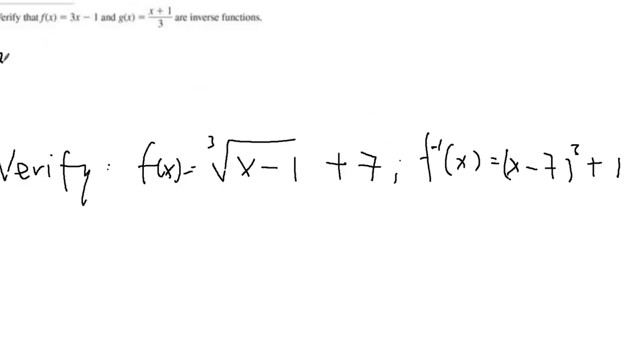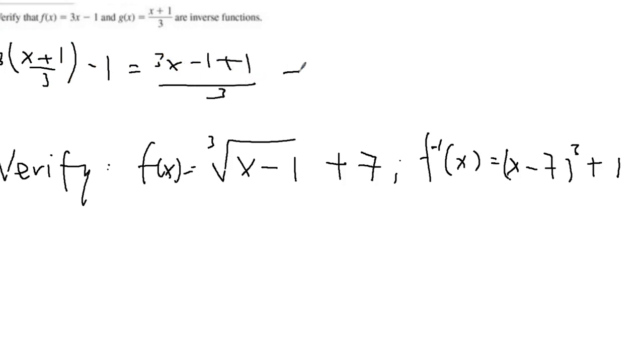So let's go. 3 times (x plus 1 over 3) minus 1 has to be equal to x, and (3x minus 1) plus 1, over 3 has to be equal to x. So is it? Okay, so we can cross that off. X, yes, that fulfills the requirement. Minus 1 plus 1 is 0. 3 divided by 3 is 1. That's equal to x, and that's equal to x. So yes, they are inverse functions.